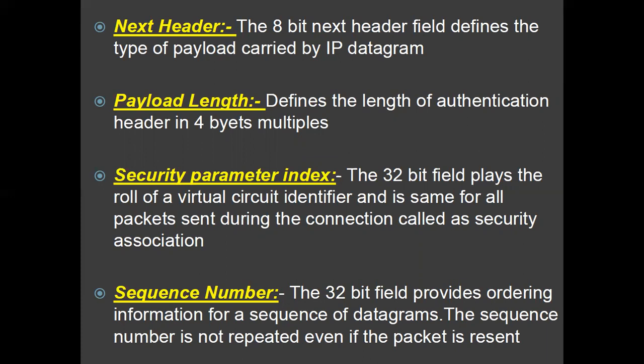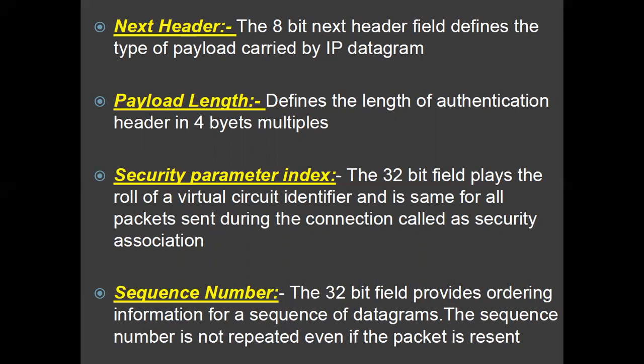Then next we have the security parameter index. This security parameter index is a 32-bit field which plays the role of a virtual circuit identifier, and it is the same for all the packets which are sent during the connection, which is called a security association.